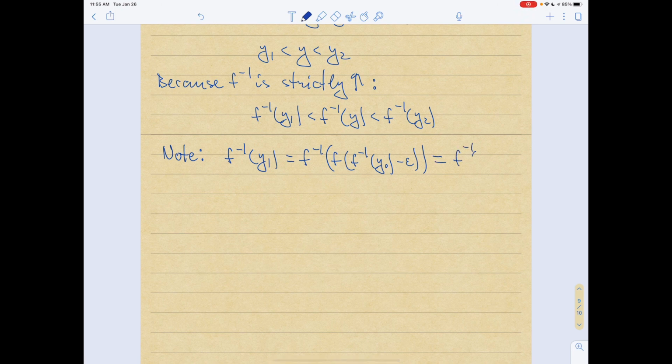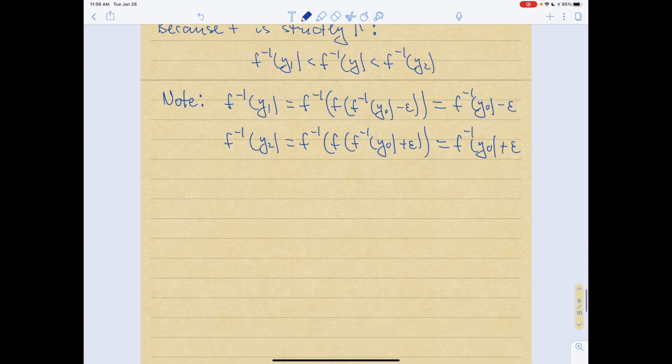You get f inverse of y0 minus epsilon. And likewise, if you take f inverse of y2, that's f inverse of f of f inverse of y0 plus epsilon. These two, f inverse and f, cancel each other out, and you end up with f inverse of y0 plus epsilon.